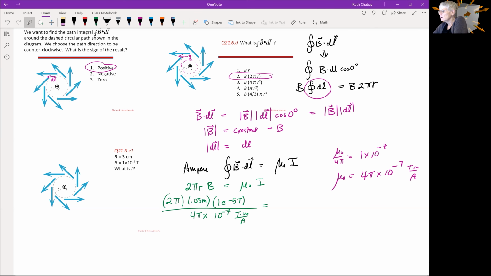And that should give us I, which gives us 1.5 amperes.